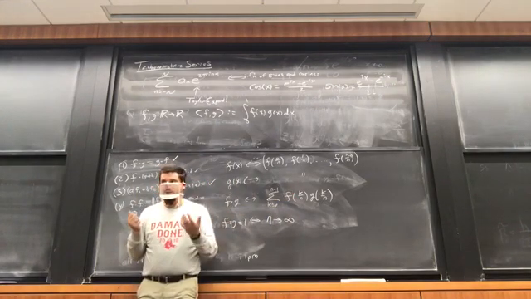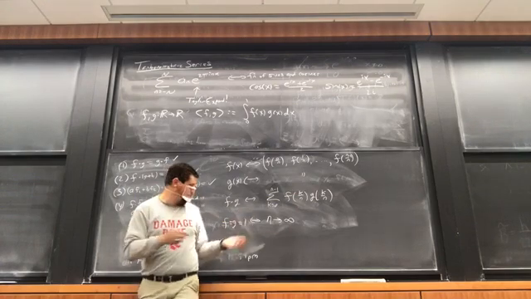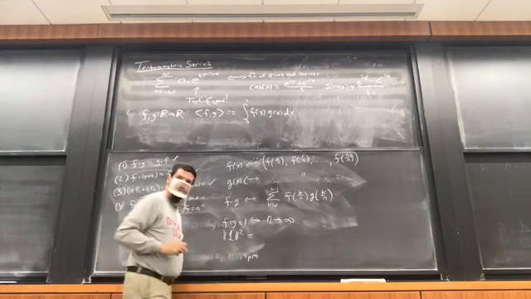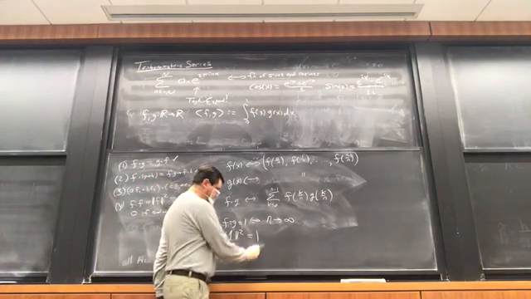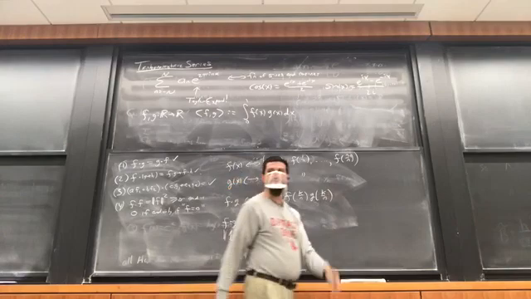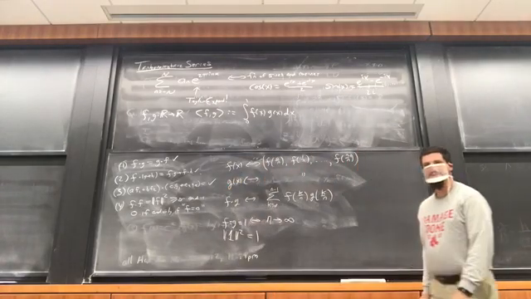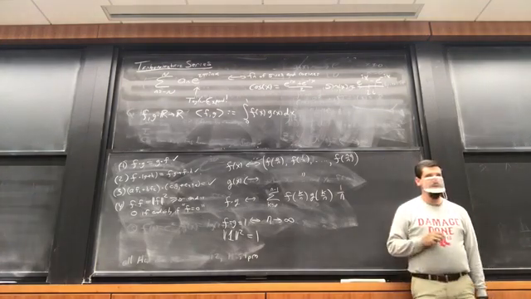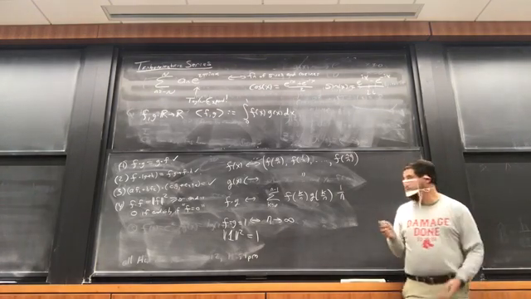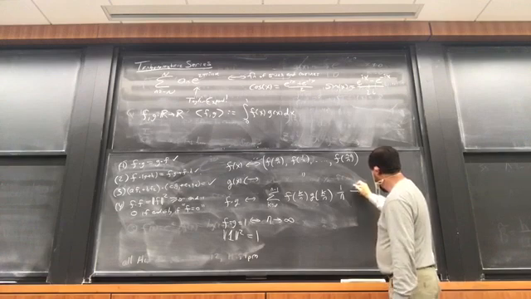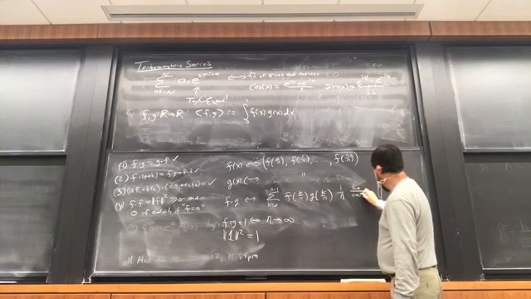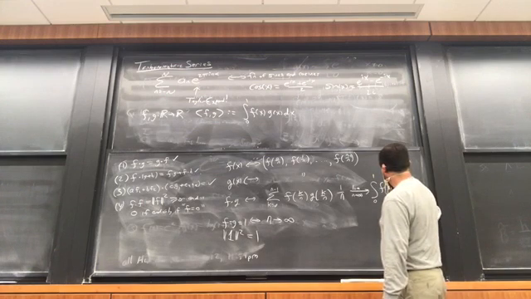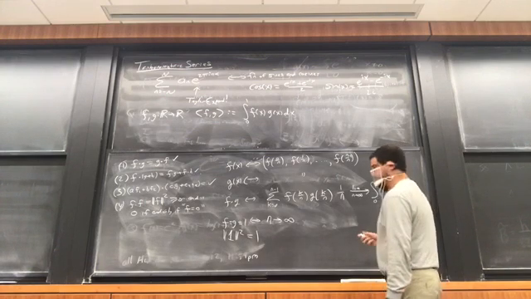We want the norm of f to be its length. What should the norm of the function that's identically 1 be? It should be 1. Can you save this definition? How do you save it? Yeah, you put a 1 over n here. And if you put the 1 over n here, now, if you take the limit as n goes to infinity, you get the integral from 0 to 1 of f of x, g of x dx.